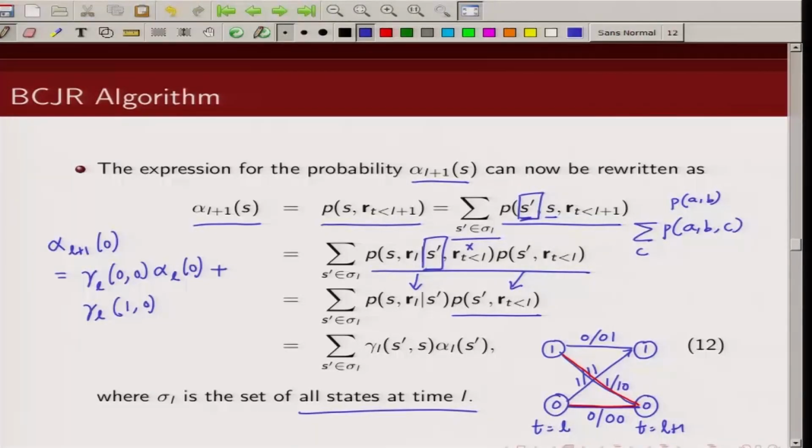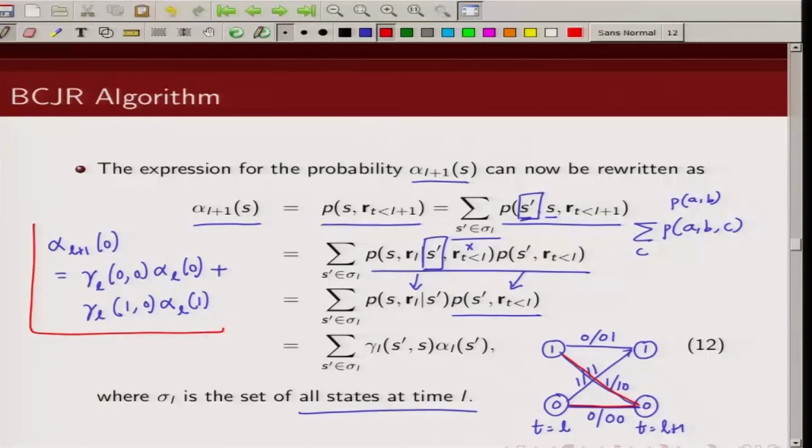Gamma L 1 0 is the gamma corresponding to this transition when the initial state is 1 and the next state is 0, multiplied by alpha at time L belonging to state 1. So, alpha L plus 1 of 0 can be written as this.